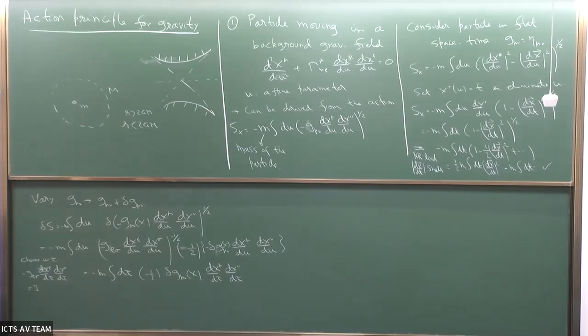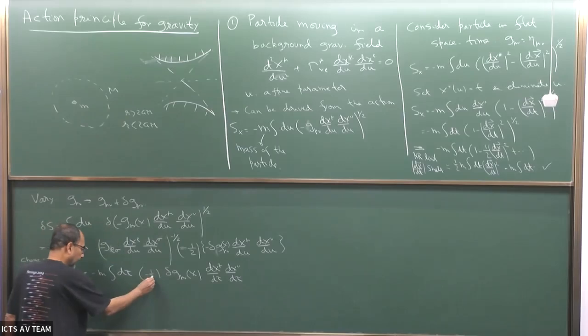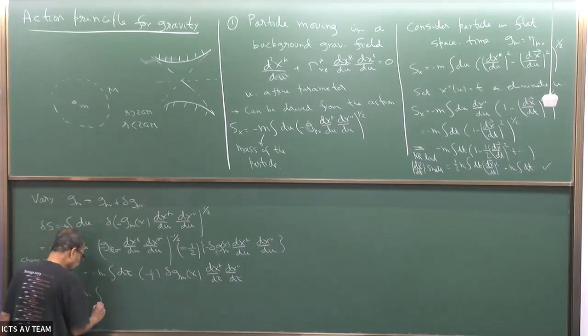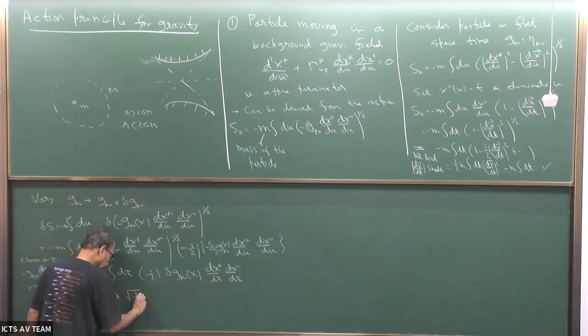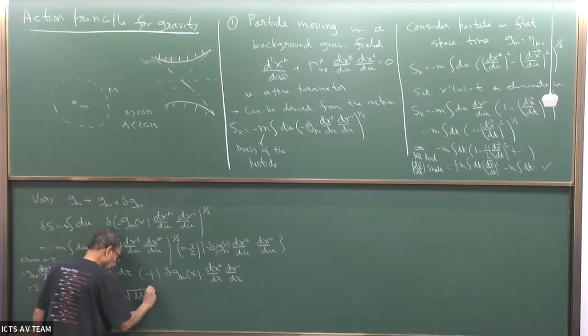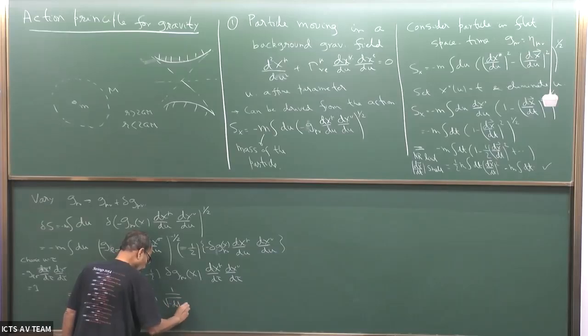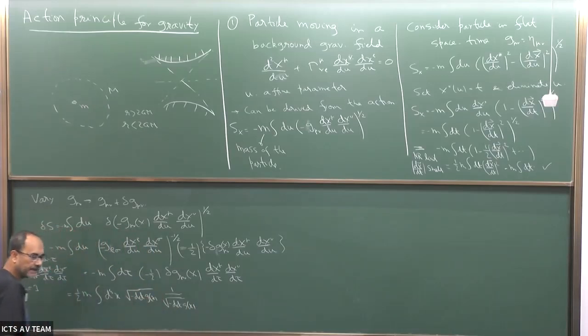So this one I'm going to write in somewhat more complicated fashion. Half minus half and minus m gives you half m. That part is straightforward. And I'm going to write integral d4x, just multiplied and divided by the same thing.